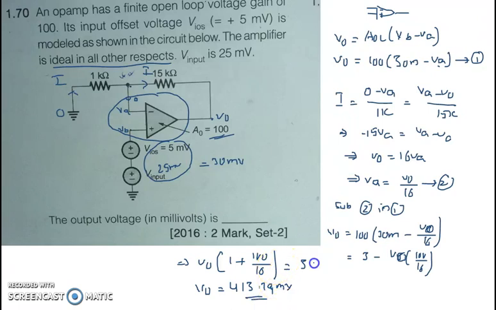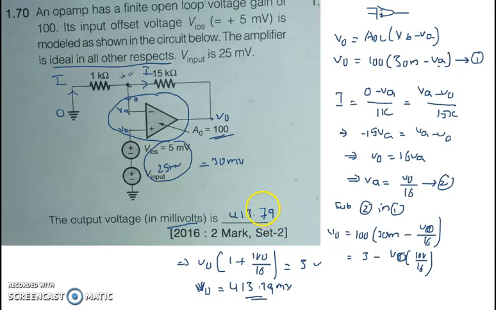So solve this and you will get 413.79 millivolts. It is the output voltage of the given circuit. He asked for the output voltage in millivolts, so here the answer is 413.79. Millivolts is already expressed, so you need not mention it.